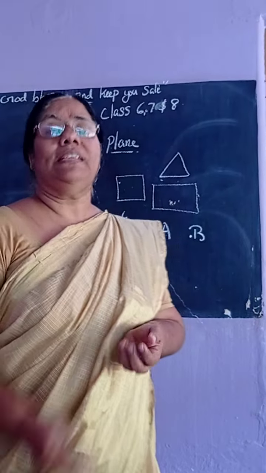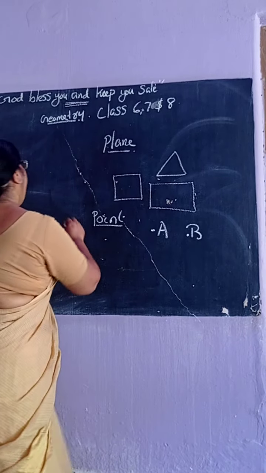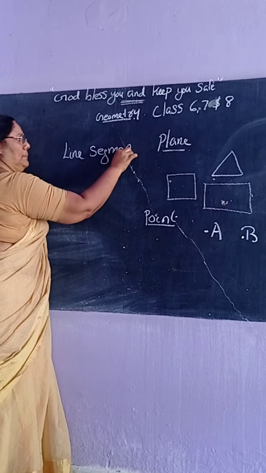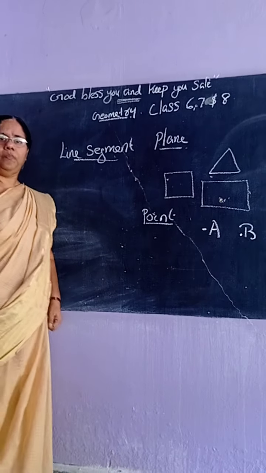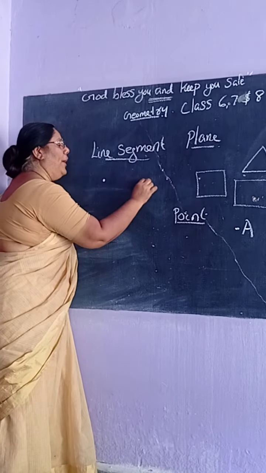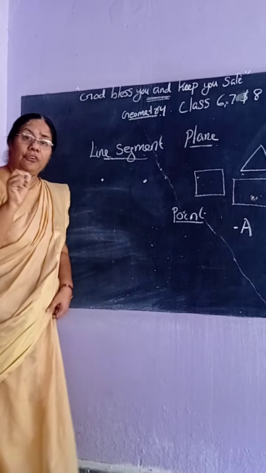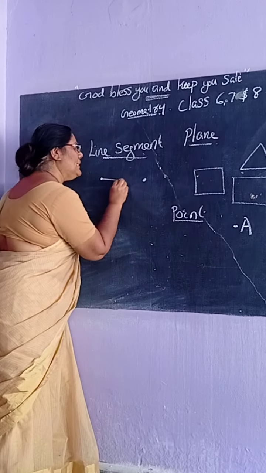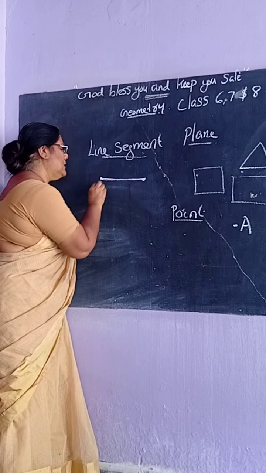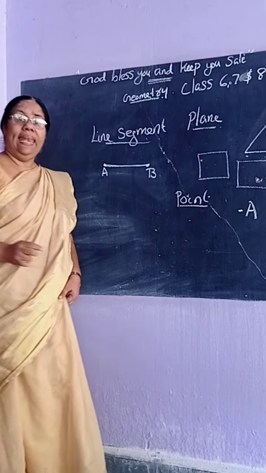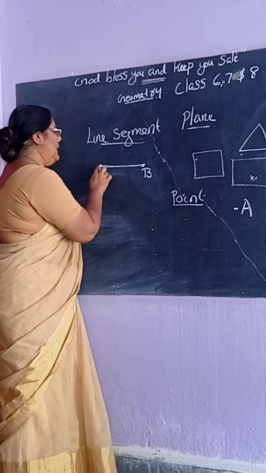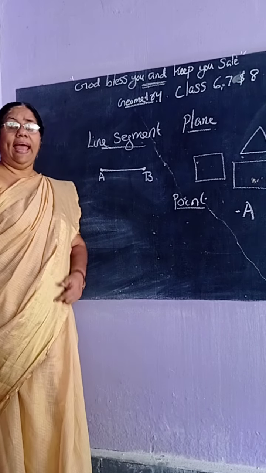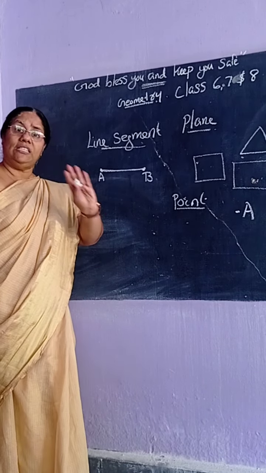Okay. Then actually the third term is line. Before that, all of you understand the word: what is a line segment? If you select any 2 points on this flat surface and, using the scale, you join these points, you will get a line segment. Here you know that this is a line segment. You can draw a line segment of length 5 centimeter.